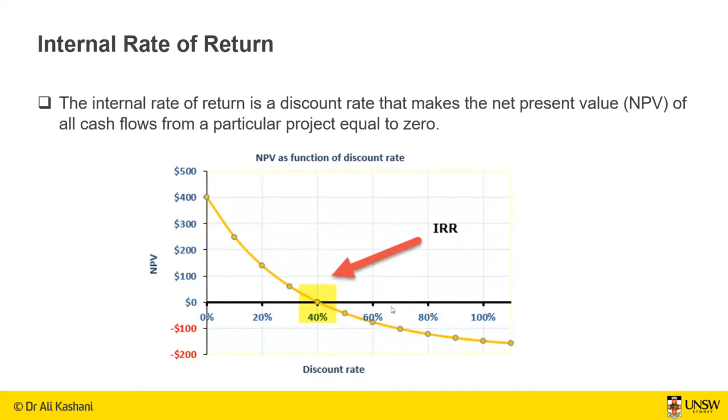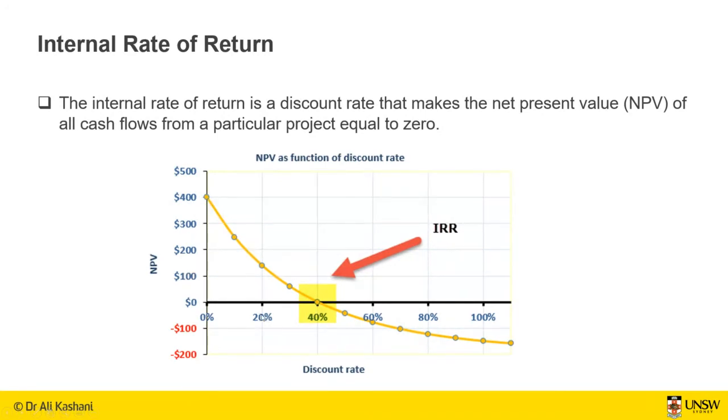Then you do the calculation of the net present value, which is based on the discounted cash flow at different discount rates. For example, if you got a 0 discount rate, which is almost impossible, your net present value is going to be, for example, 400.